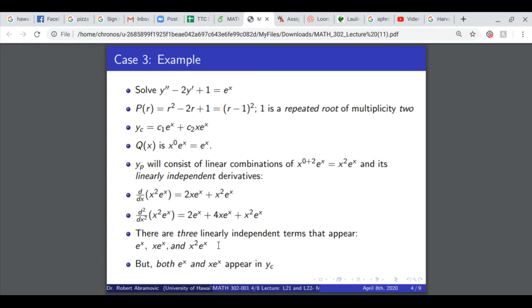But the first 2 already appear in yc, so we throw those away. What are we left with? We're just left with x squared e to the x. Well, that makes yp actually a pretty simple function, just a constant times x squared e to the x.